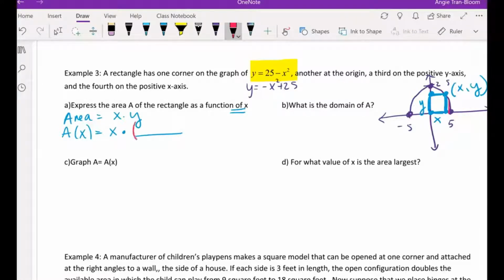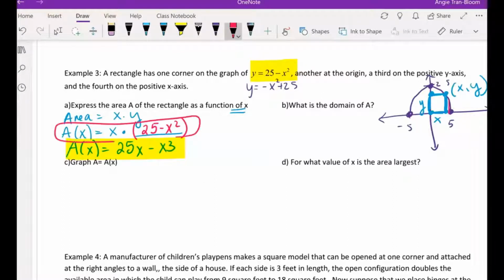So all I have to do is substitute y with 25 minus x squared. And from here, we can distribute. So area in terms of x is 25x minus x to the third, and we box that up. That is the area formula in terms of your x. Would I also accept non-distribution form? Of course I would. You can even box that up.